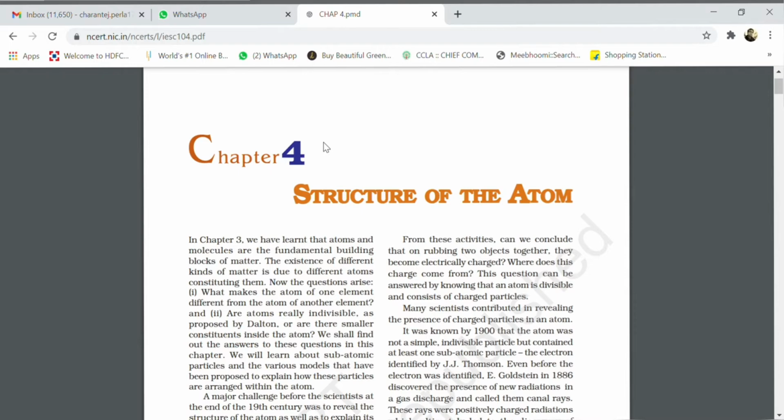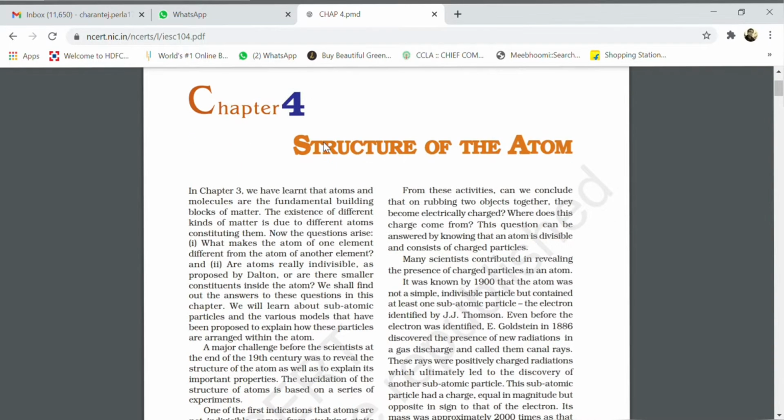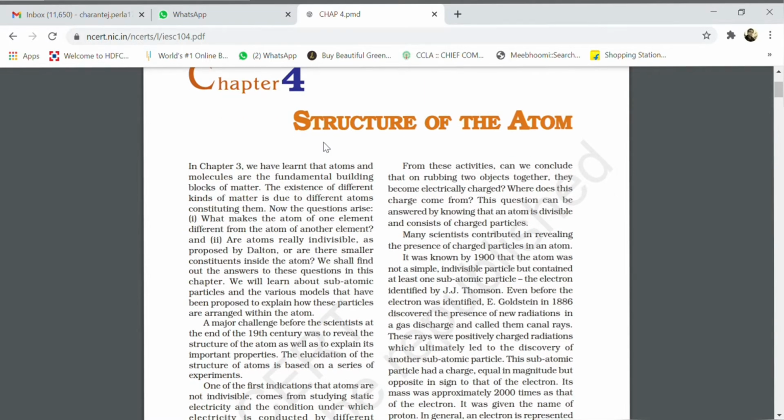In this chapter you are going to learn about the subatomic particles and the theories given by scientists. In 1900, a scientist named J.J. Thomson discovered the electron, which was negatively charged, and in 1886, E. Goldstein discovered the presence of radiations in a glass discharge tube and called them canal rays.